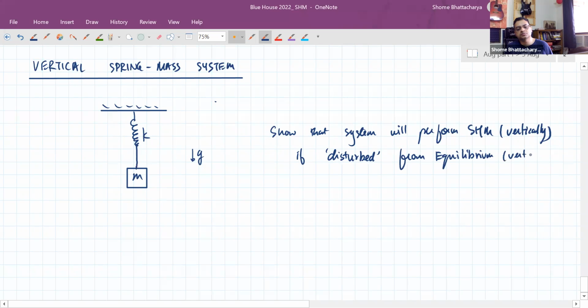Again, vertically disturbed. If you give it some random kind of disturbance, then it will have a very random motion. If you just give it some vertical displacement by either applying a vertical impulse or giving some initial displacement vertically, then it will perform SHM in the vertical direction, and find the time period of SHM.